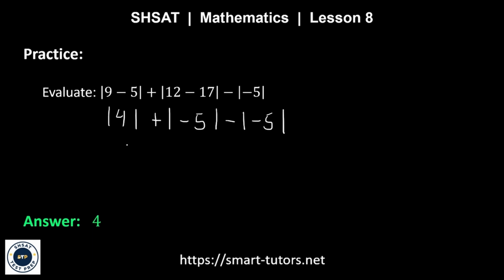You then bring out all the absolute values, so plus. So you can just simplify. So 4 plus 5 is 9 minus 5. That gives us 4, which is the answer we have right here.